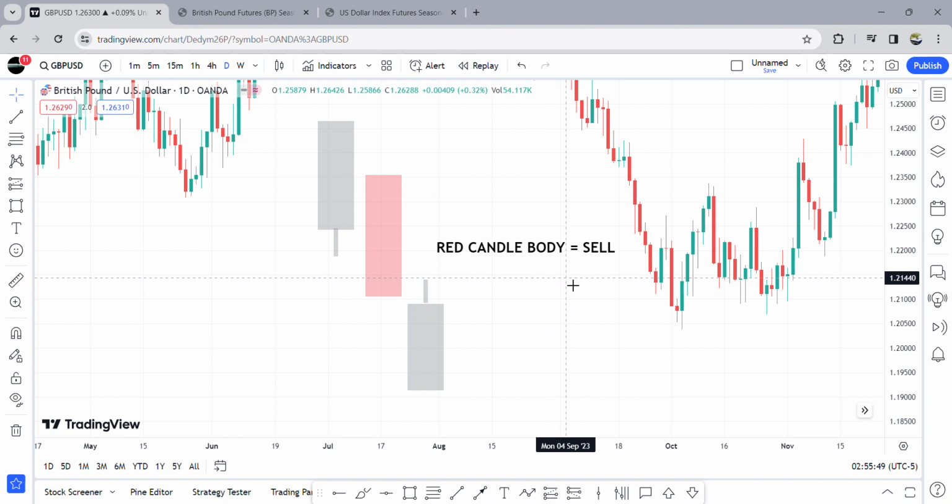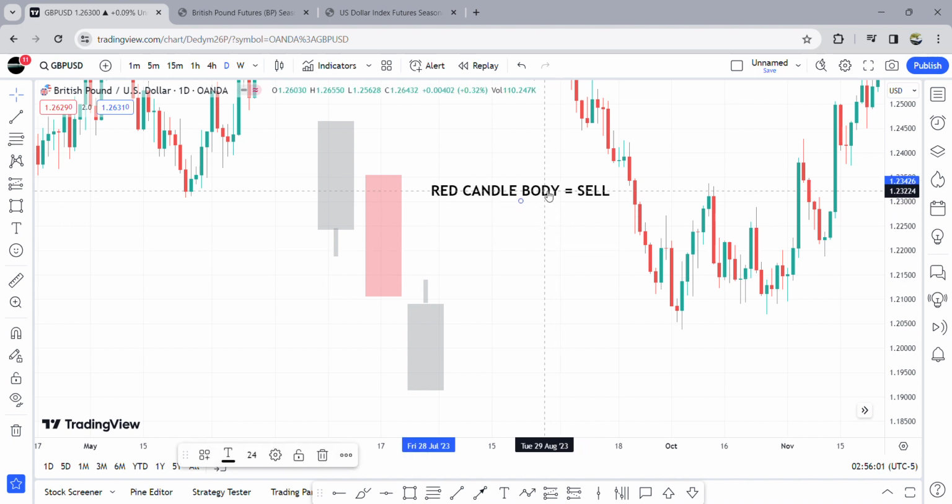This is not always the case. There's sometimes when it'll go through this level and come back and then sell off. But for now, if you're keeping it simple, this is what we're looking at. Red candle body, sell, right?